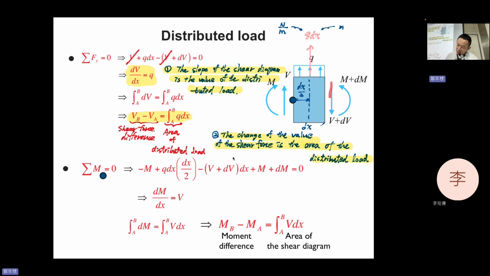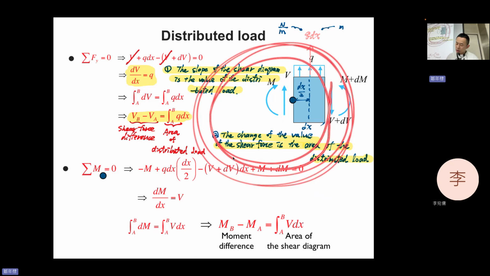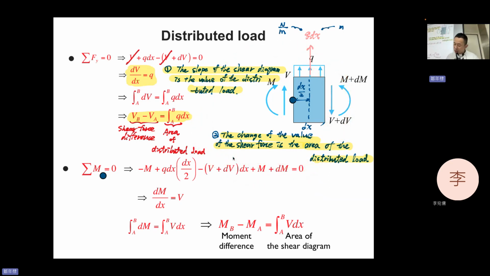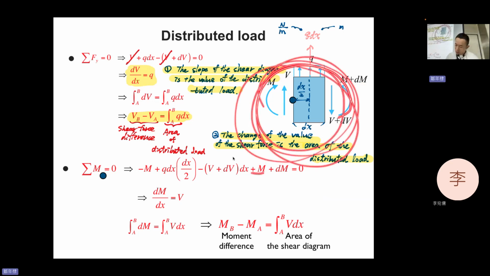Minus V plus dV, this is clockwise, and its moment arm is dx. And M plus dM counterclockwise positive.